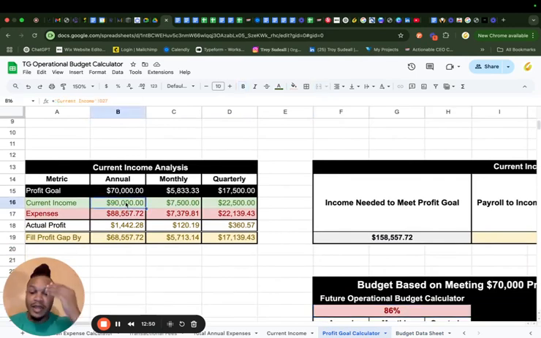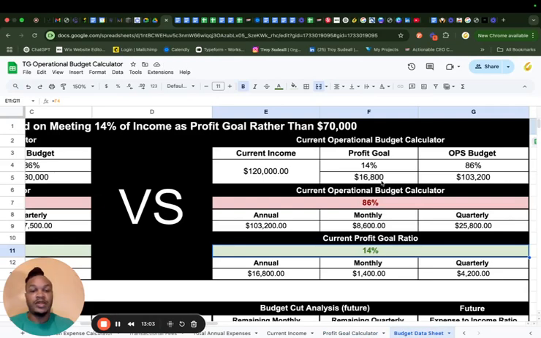Let's say we start making 120,000. Look what just happened. Now we have $8,600 that we can operate at because we're operating at 86%, not a set amount. So the more income we start bringing in monthly is the higher spend we get access to, and the higher our profit is going to be too.